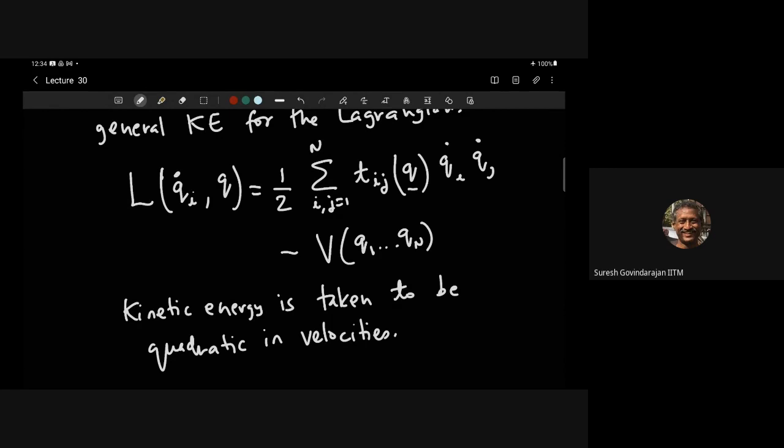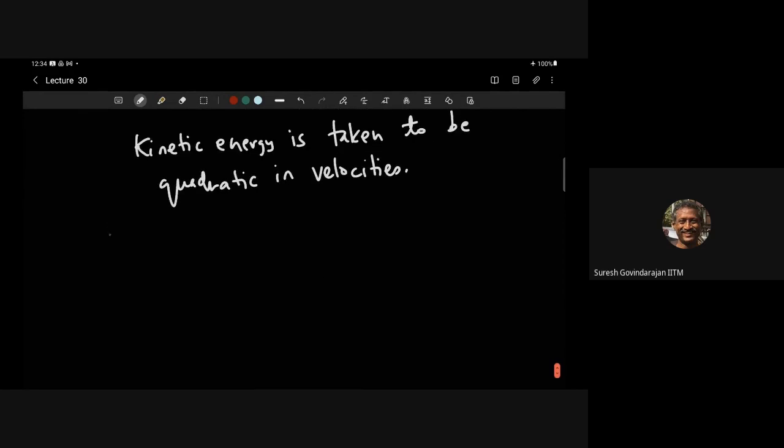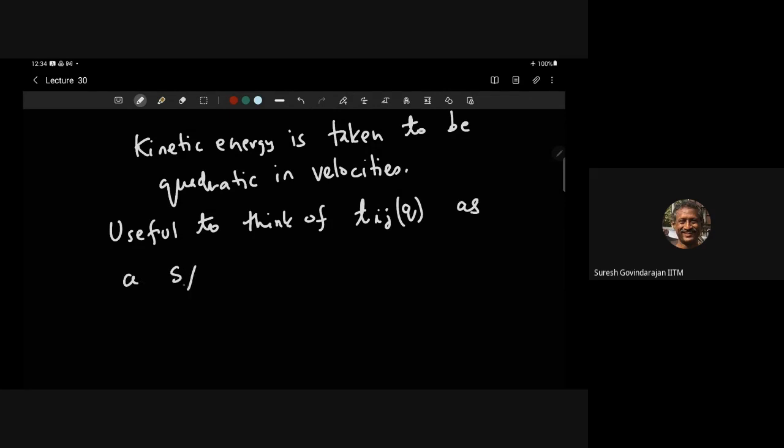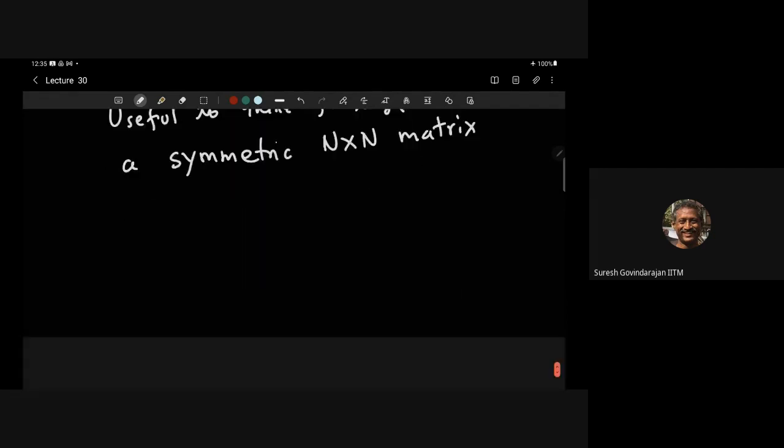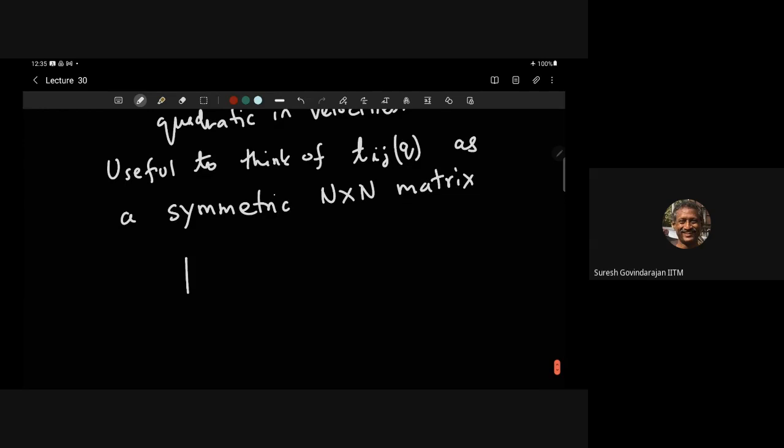But the coefficients at least were constant, and it's useful to think of Tij of Q as a symmetric n by n matrix. Why symmetric? I'll let you think about it. There are n degrees of freedom. What do I mean by that? It's like this.